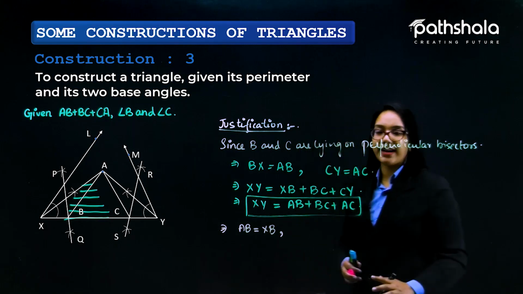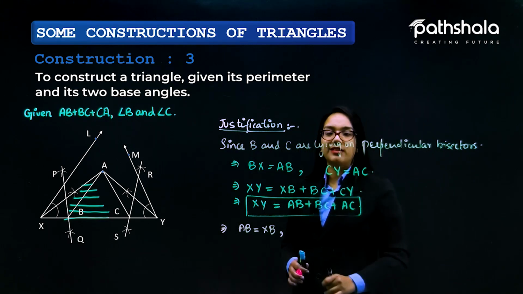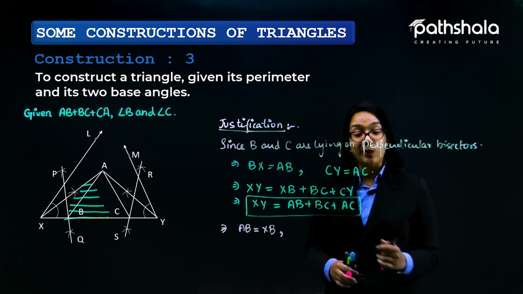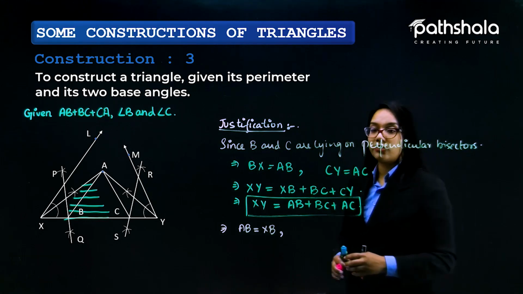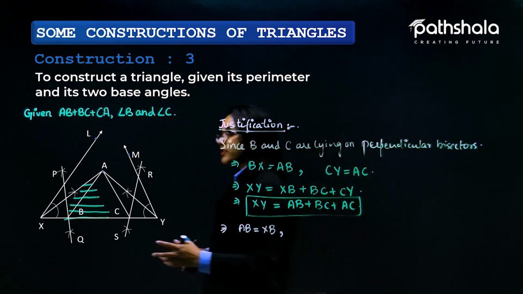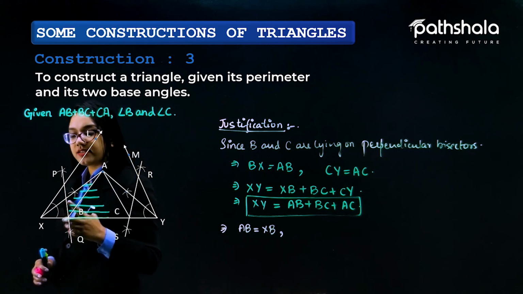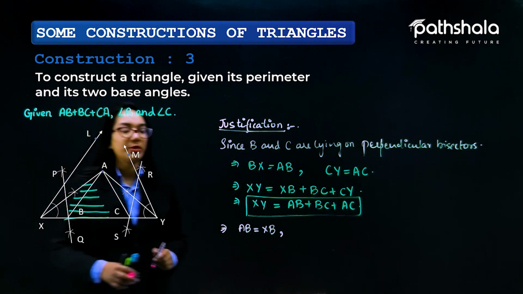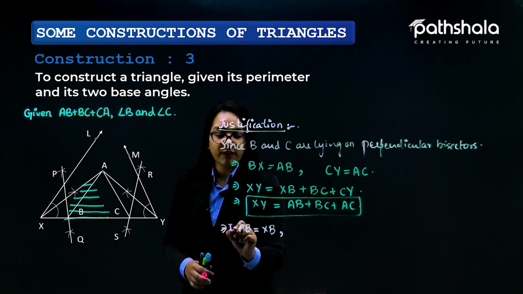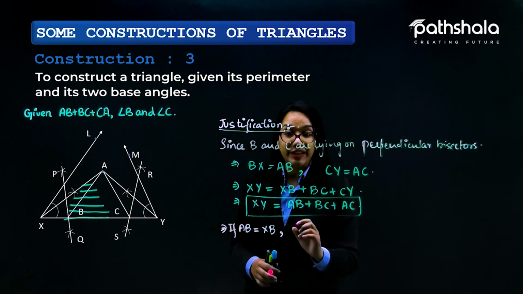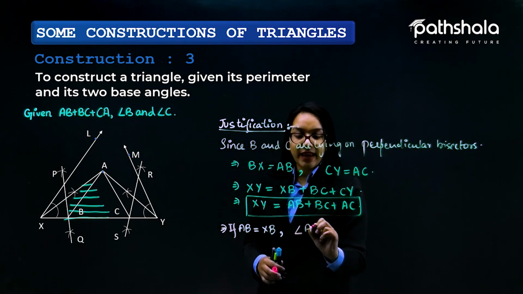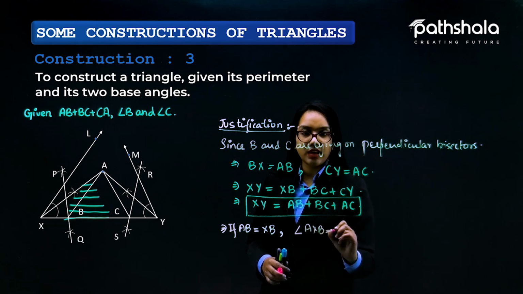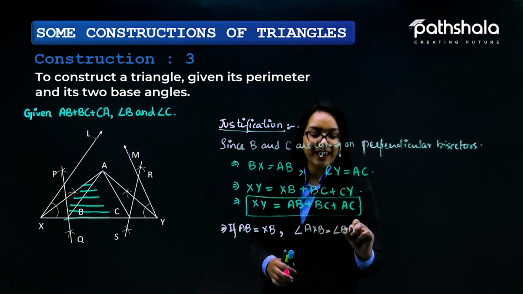So if these two sides are equal to each other, it means that their corresponding angles are also equal, because if we are talking about an isosceles triangle, if two of its sides are equal, then the corresponding angles should also be equal. So if AB is equal to XB, then we can say that the angle AXB is equal to the angle BAX.